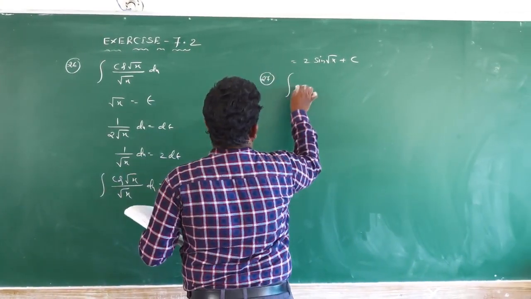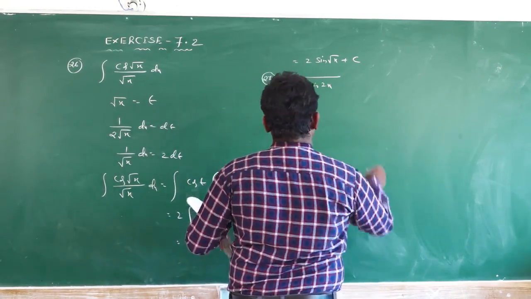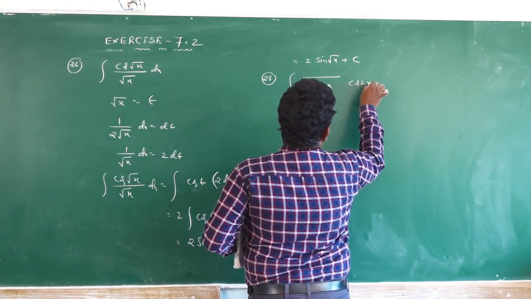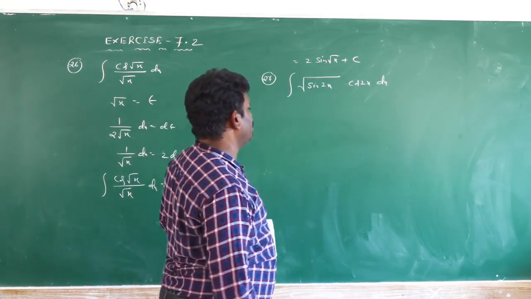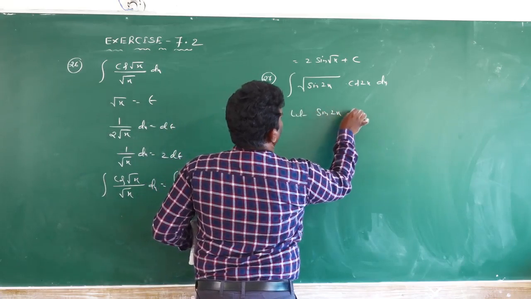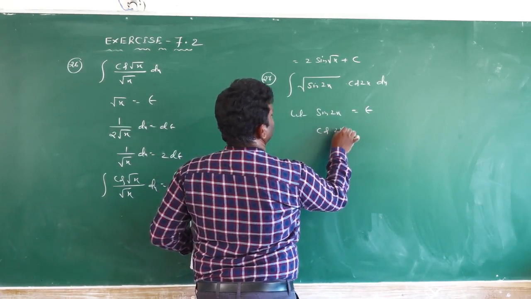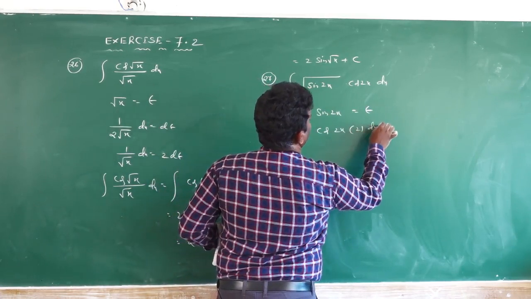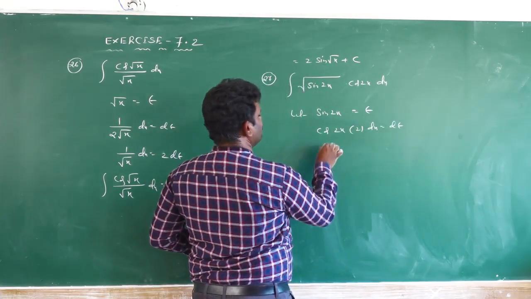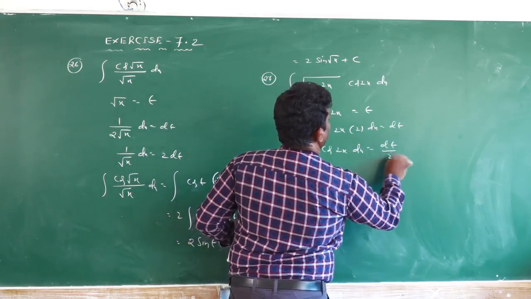Integral of root of sin 2x into cos 2x dx. Okay? Here the substitution: let sin 2x be equal to t. The derivative of sin is cos 2x into 2 dx, which is equal to dt. Then cos 2x dx is equal to dt by 2.